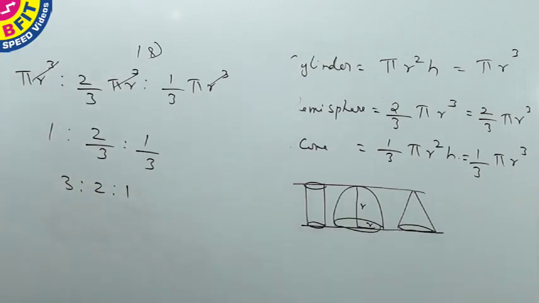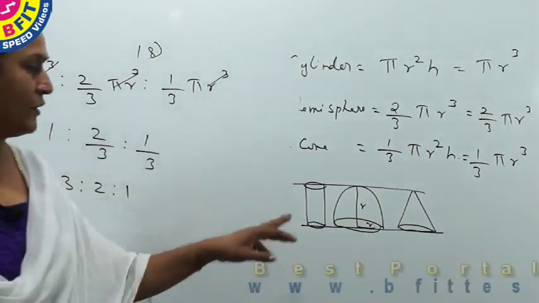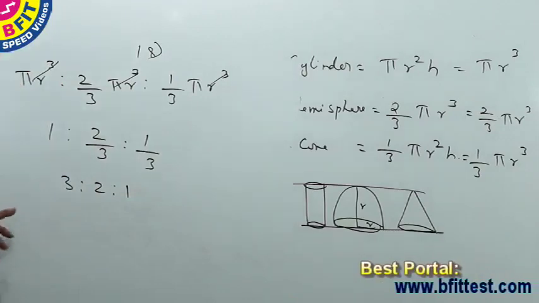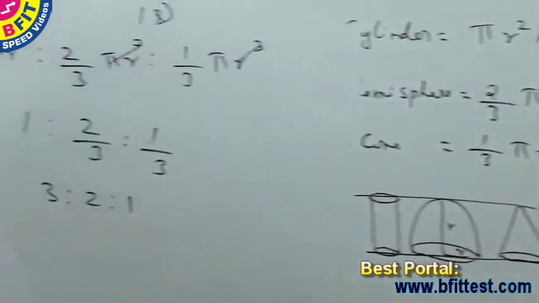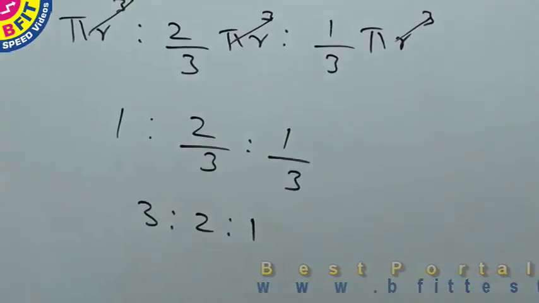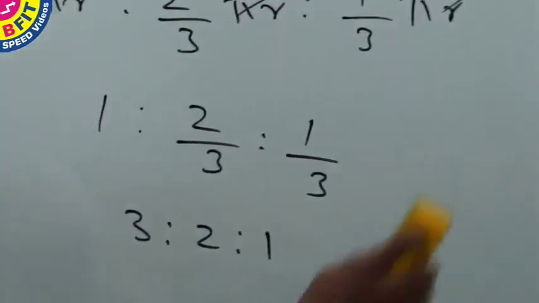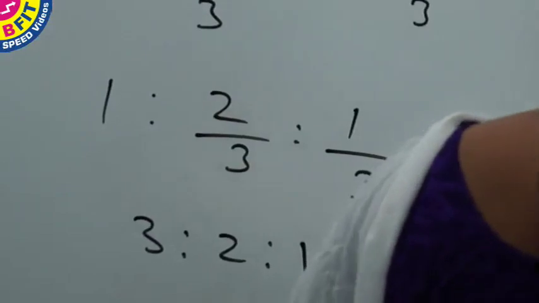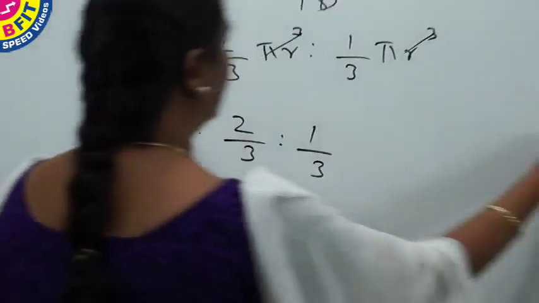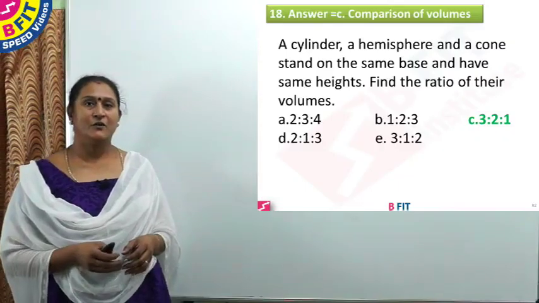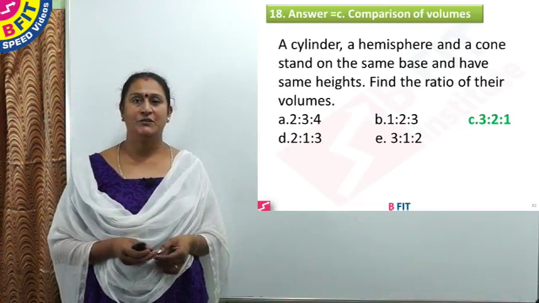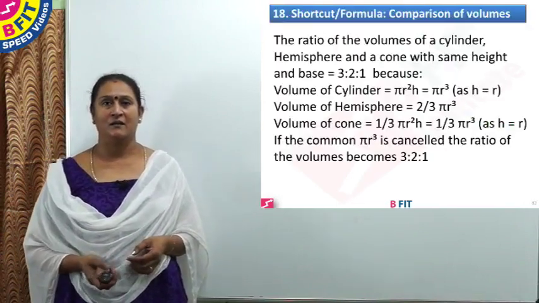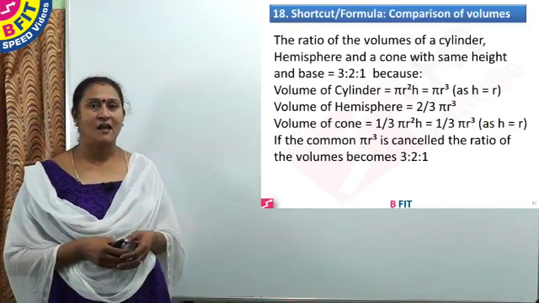So standing on the same base, the cylinder, hemisphere and cone volume will be in the ratio 3:2:1. And answer for question number 18 is option C, 3:2:1. And the workings are as follows.